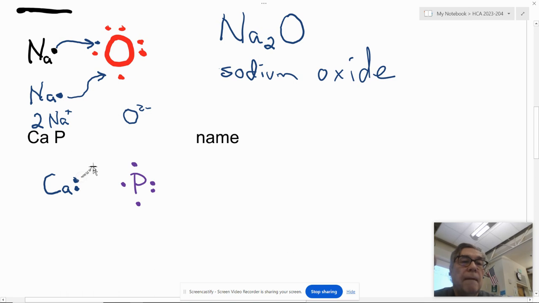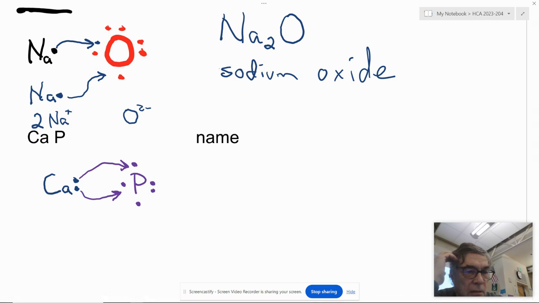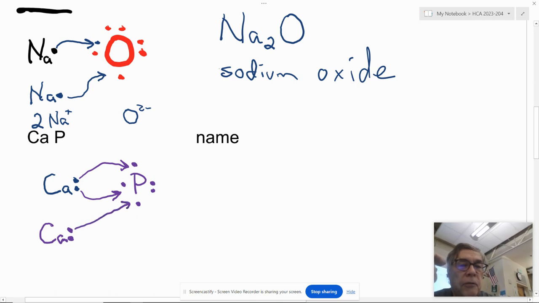So a calcium ion is going to go fill out that orbital. A calcium ion is going to go fill out that spot. Uh-oh. We need more calcium. So here's calcium with its 2 valence electrons, and that's going to transfer here.